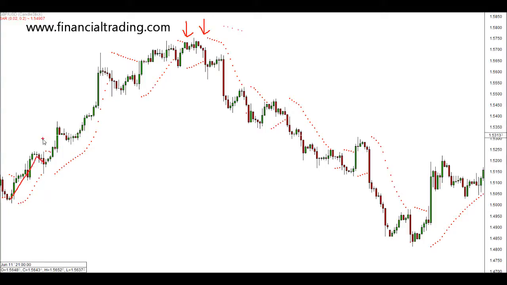So if you look at the pullback on this trend, we have 3 dots, we then have this big push, we then have a number of dots, more than 5. We have a push, a pullback that creates 3, a push, a pullback, and then we have another pullback that creates 5 or more.